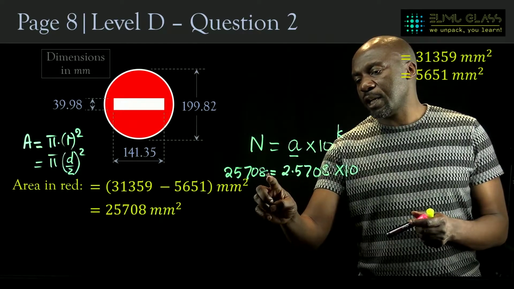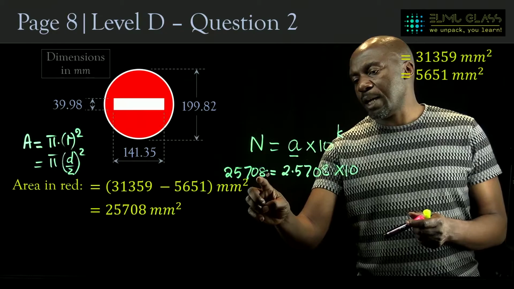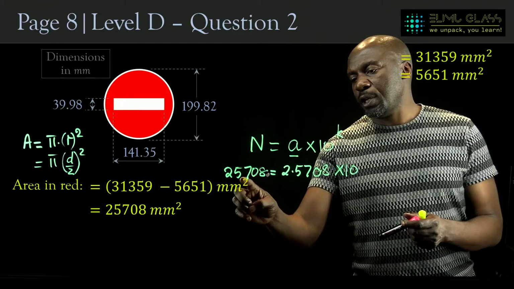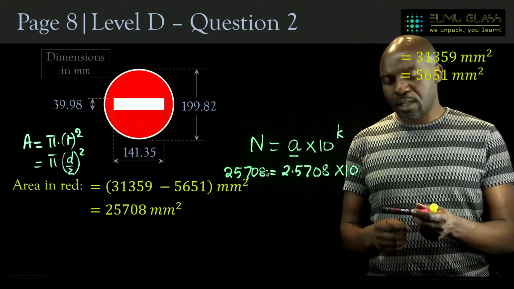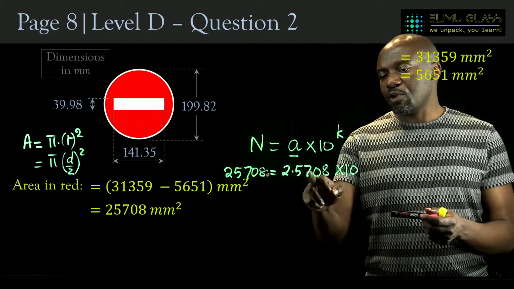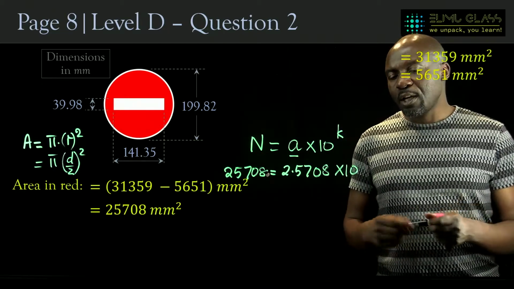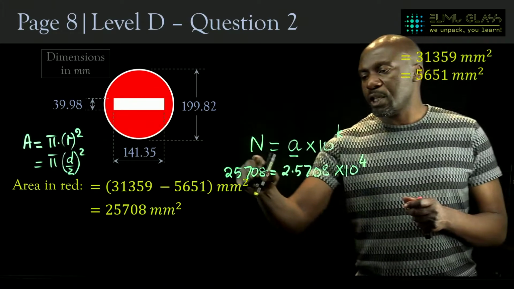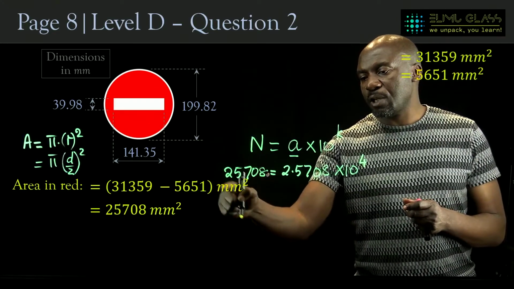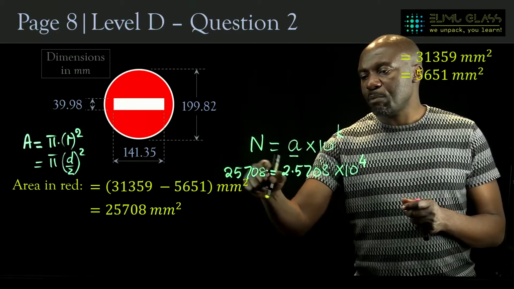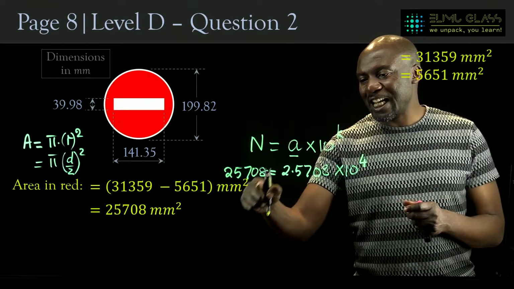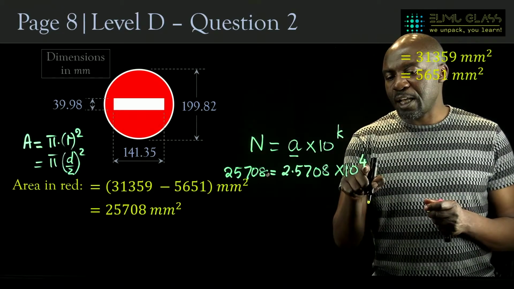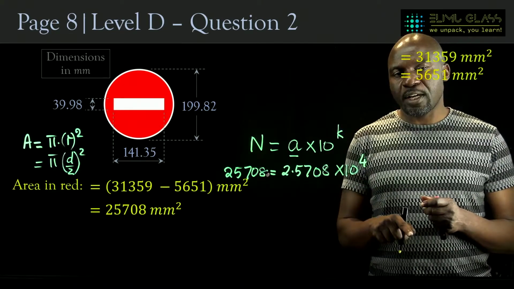And if you check that carefully, we moved it 1, 2, 3, 4. So we've moved it 4 places in order to make this number. For that reason, this power here is 4. And because the number we are converting to scientific notation is greater than 10, our value of K here, the 4, is going to be positive as it is.